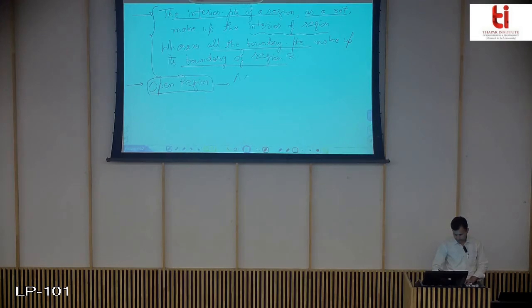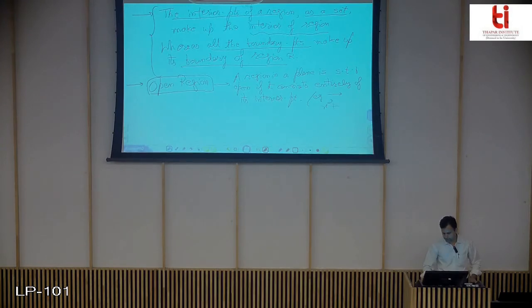So he says a region in a plane is said to be open if it consists entirely of its interior points. So in case your region, whatever you are considering, consists entirely of its interior points, we say that this region is your open region.